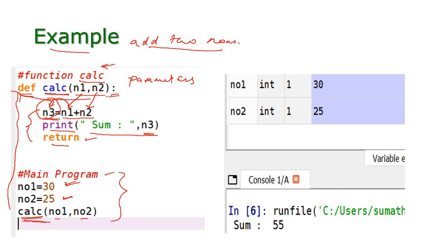Now let us see the output. The output is shown in the console panel. The sum is 55, so 30 plus 25 is equal to 55. In the variable explorer, we have two variables in the main program, n1 and n2. The n1 value is 30 and the n2 value is 25. Do you understand this? It is a very simple program.